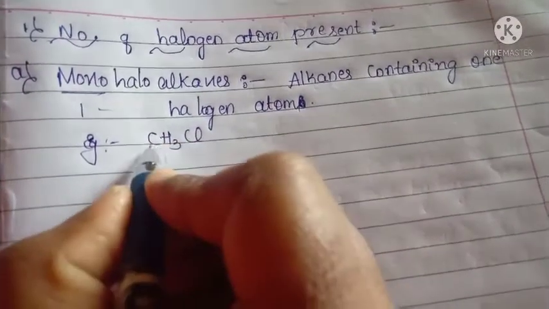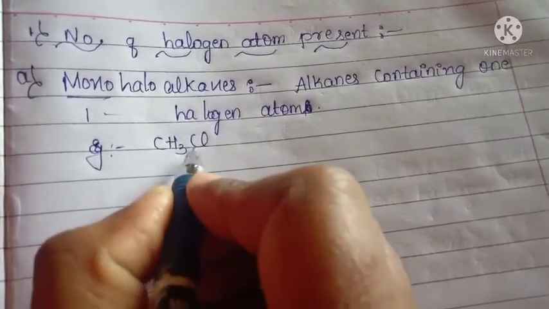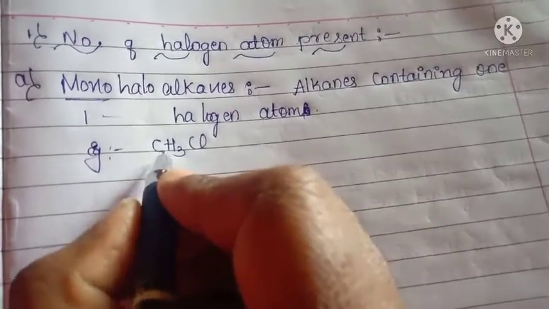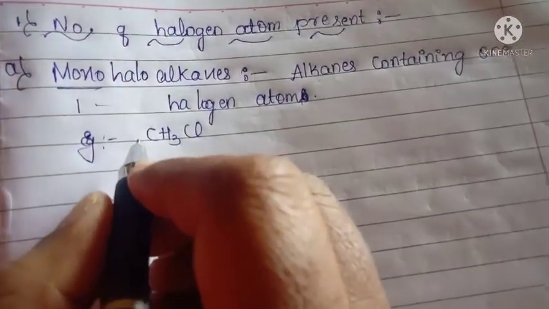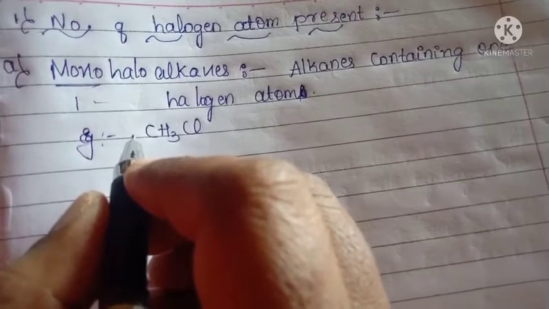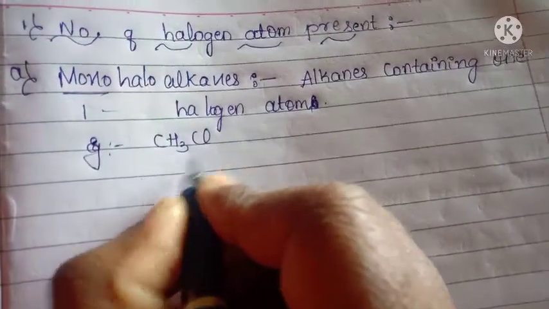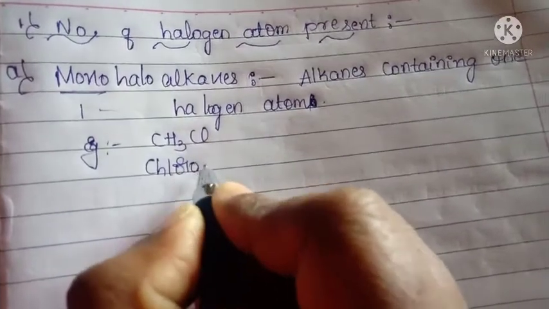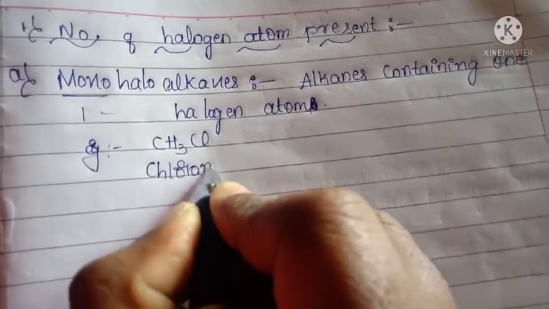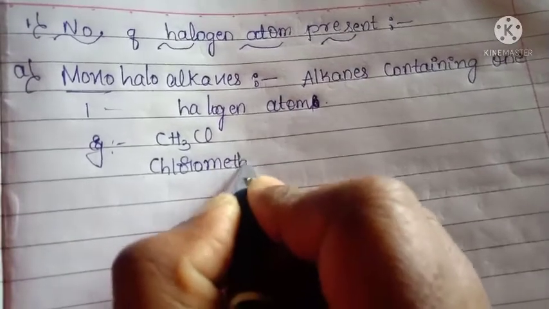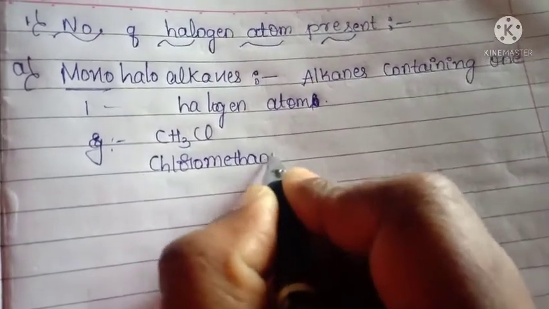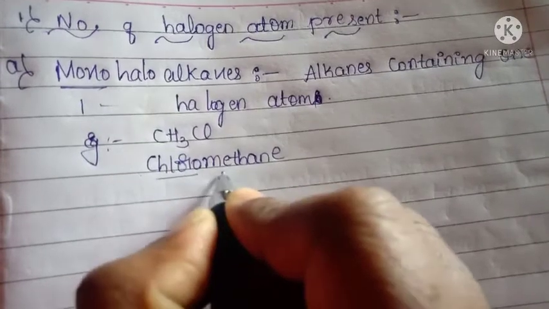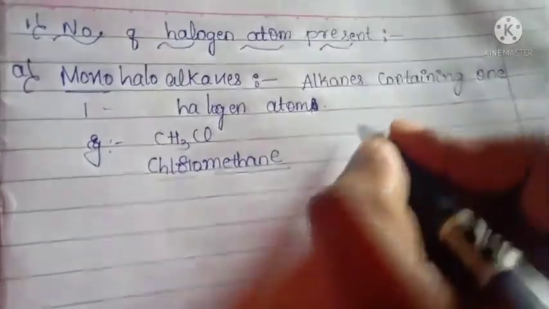CH3Cl, this is chloromethane. Number of carbon atoms is 1. If there is one carbon atom, that is called methane. So chloromethane. I am writing here the IUPAC name of the compound. In the IUPAC name of haloalkanes, first we have to write the halogen group and then the alkane group.